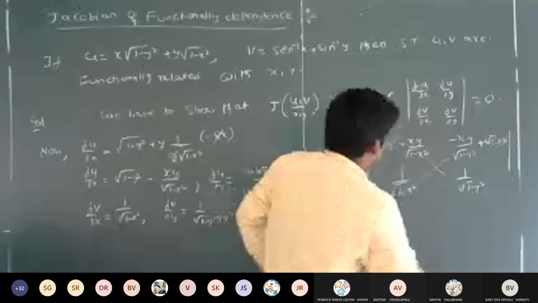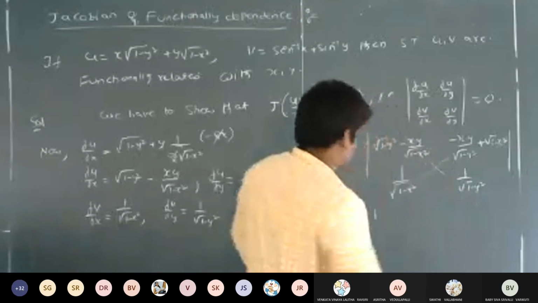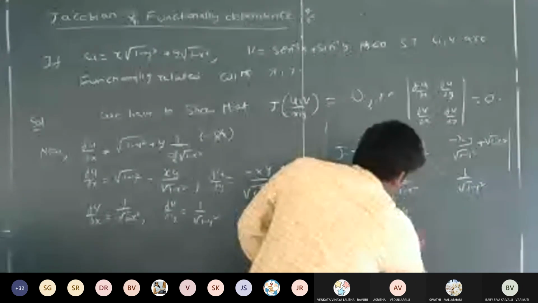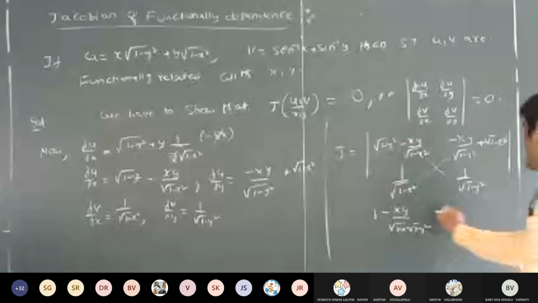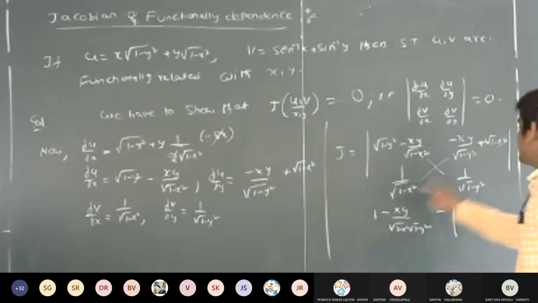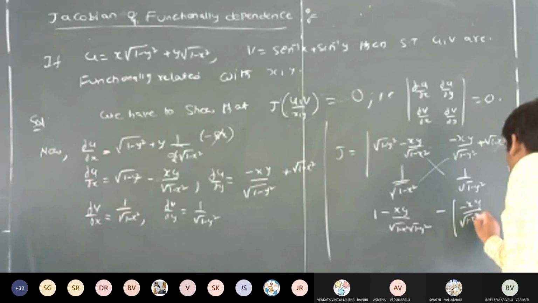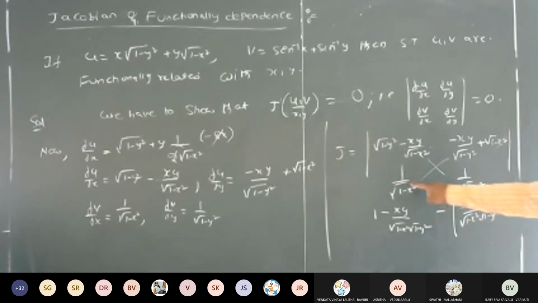It is 1. Next, minus xy by square root of 1 minus x square into square root of 1 minus y square. So here, minus of minus xy by root over 1 minus x square into root over 1 minus y square. Here we have 1 by root over 1 minus x square into root over 1 minus x square, so its value is nothing but 1.